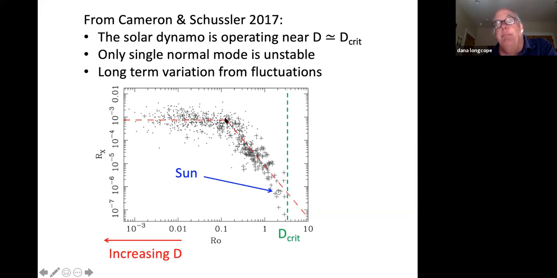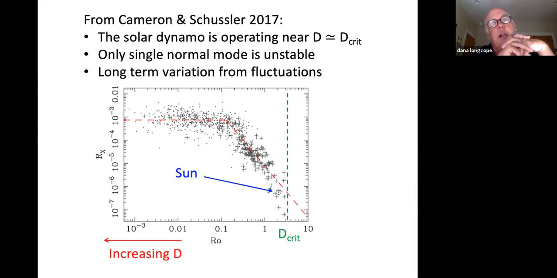Once you've reached that, there's nowhere to go. Once you've filled your surface with magnetic field, you can't increase it beyond 100%, and that's why they call this saturated. This is thought to be stars that just have so much magnetic field that it's covered the entire surface.